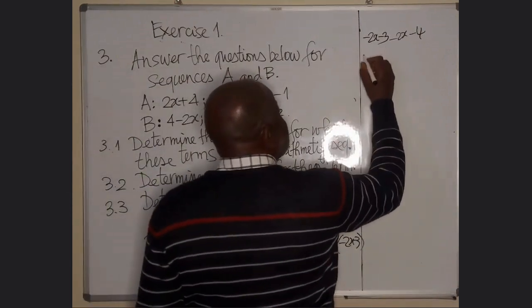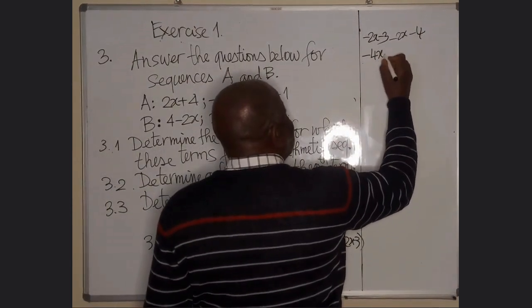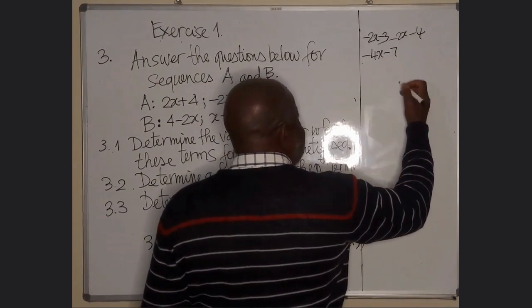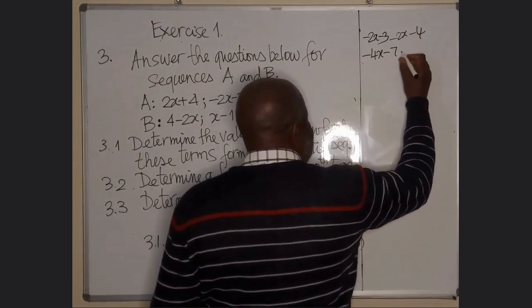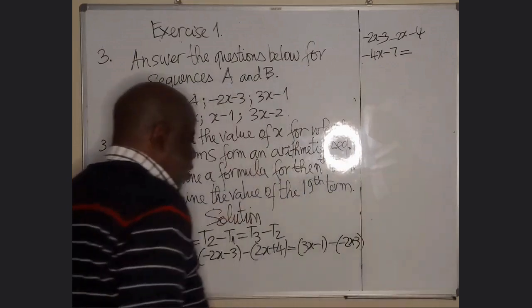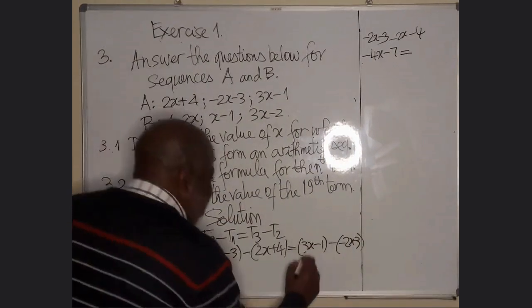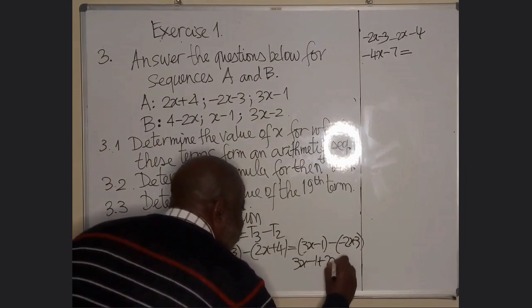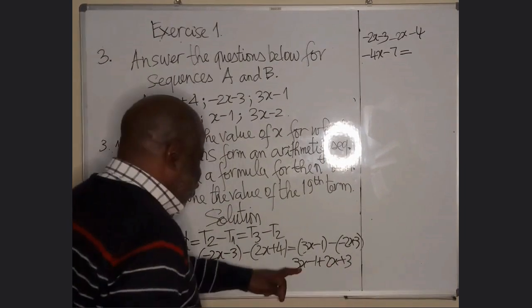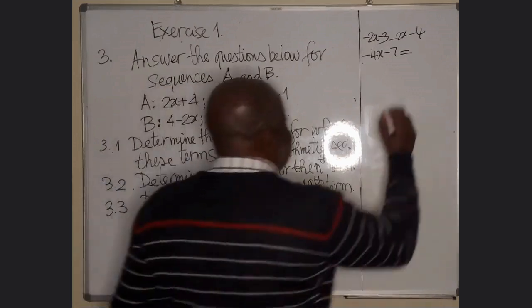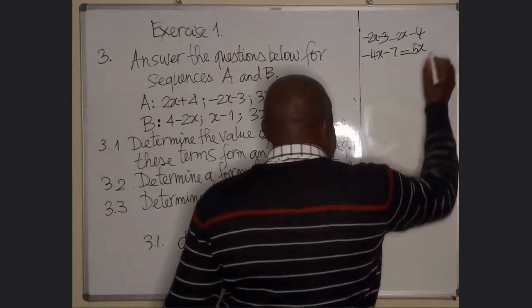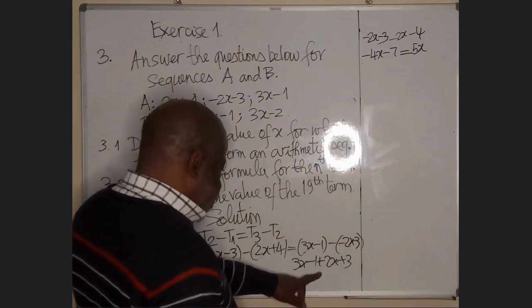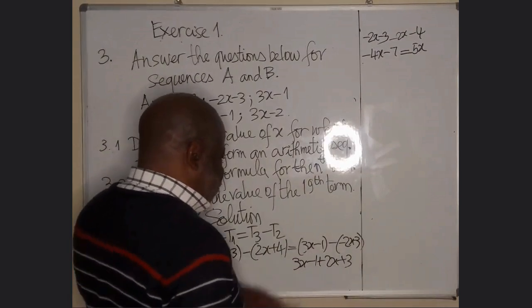Here we'll have negative 4x minus 7 equal to 3x minus 1 plus 2x plus 3. So it's going to be 5x plus 2.